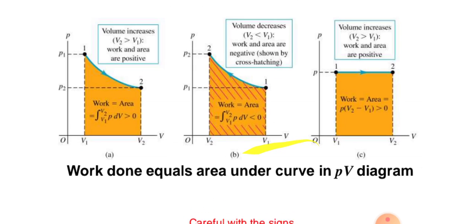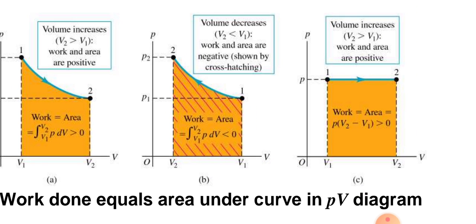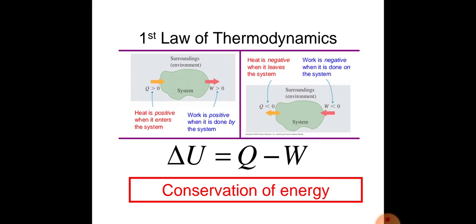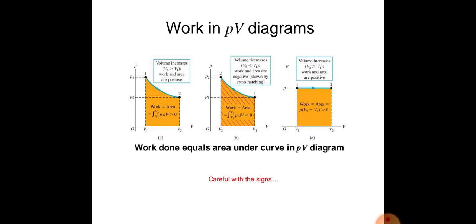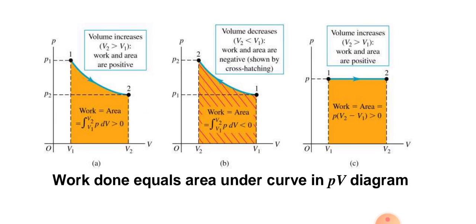Okay, now moving forward, one point I forgot, listen carefully: in the third condition the pressure values are the same, so the equation becomes P into (V2 minus V1).